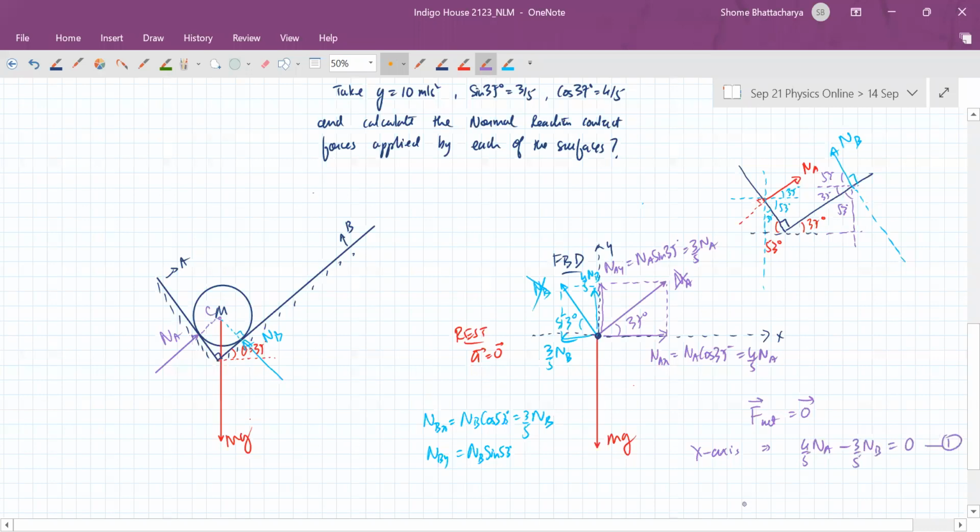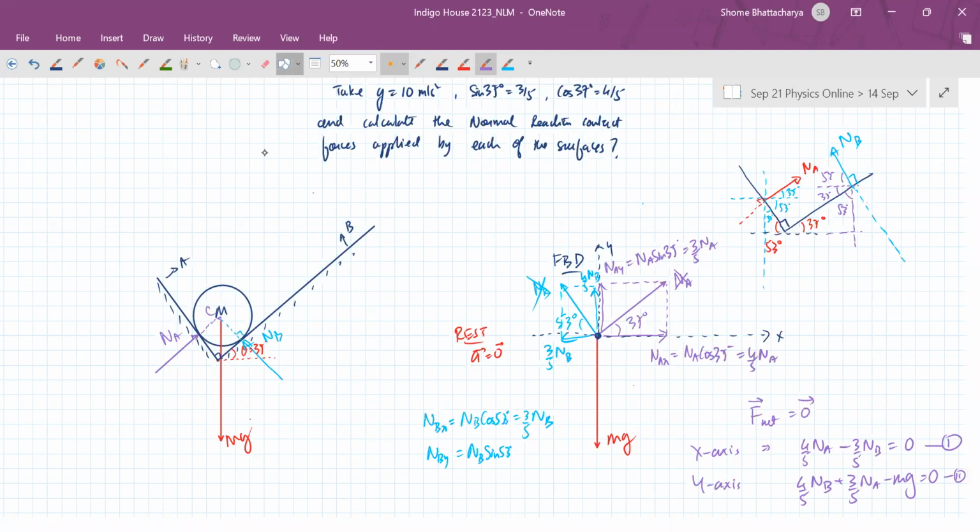So this gives our first equation. And along the y-axis, we have 4/5 NB plus 3/5 NA, but minus mg. So now we have to solve equation 1 and 2 to find out the value of NA and NB.